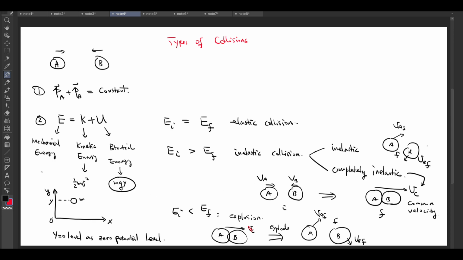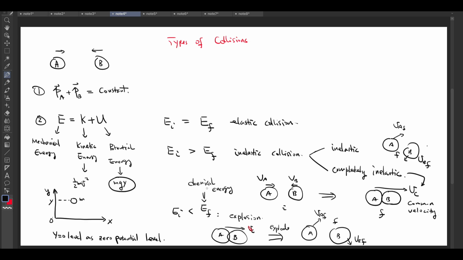Now, where do we get this extra energy? Where does this energy come from? The energy comes from other types of energy, not mechanical energy, for example chemical energy. So in an explosion process, chemical energy becomes the mechanical energy of the system.